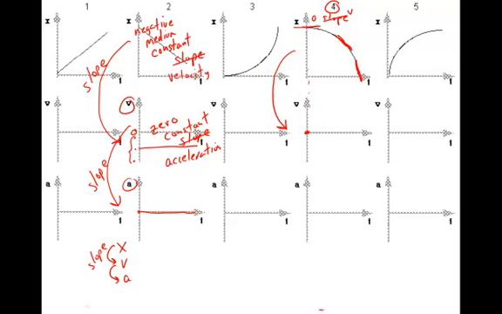Then at this point right here, let's use 3 adjectives. That would be a negative, medium, well, actually just 2, a negative, medium slope.